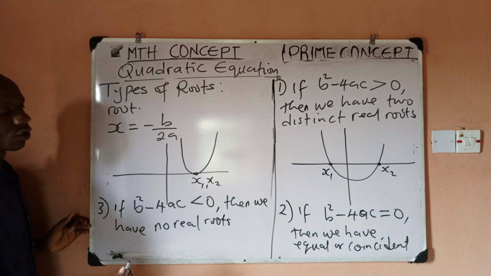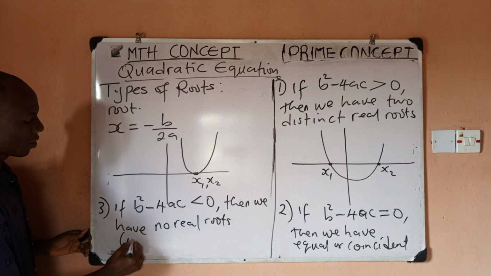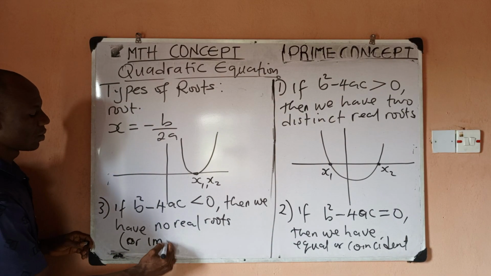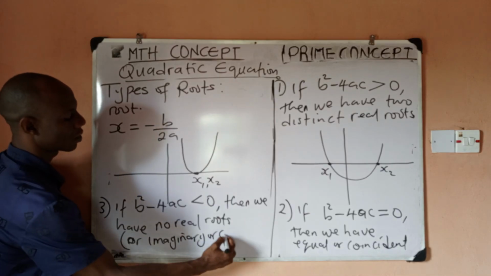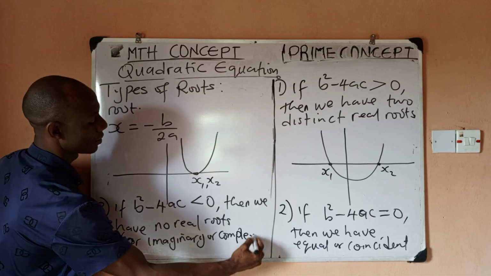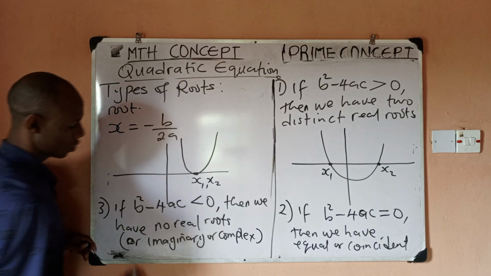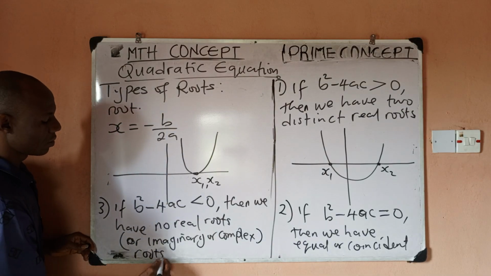You say you have no real roots, or you can say we have imaginary or complex roots. So you say you have imaginary or complex roots.